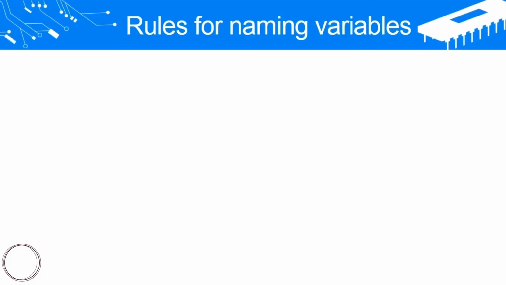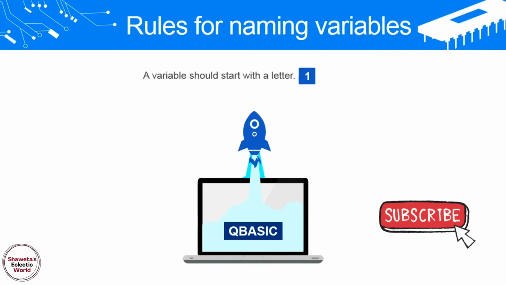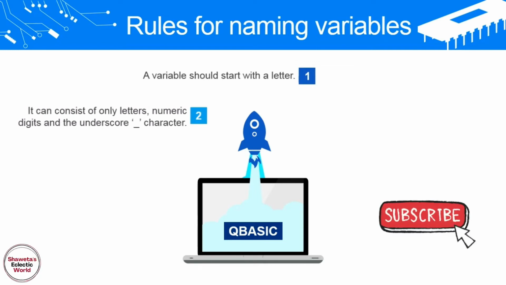There are some rules for naming variables that must be followed in qbasic. First, a variable should start with a letter. Second, it can consist of only letters, numeric digits and the underscore character.